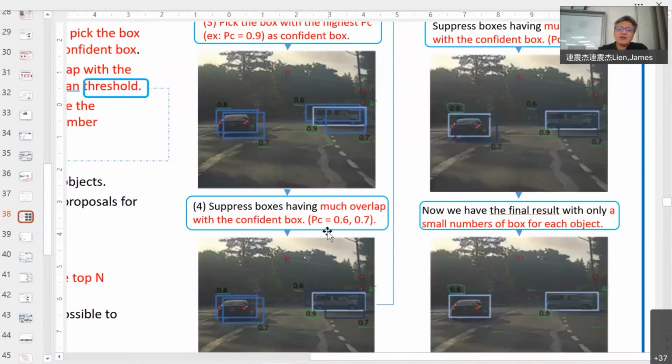So we only delete the large overlap region with the highest score. If the overlap region is smaller, sometimes we need to keep it because it's very possible. Suppose I do face detection; sometimes there is a face here, so your bounding boxes will sometimes overlap because of occlusion. If you delete any overlap region, you will delete some bounding boxes that are occluded.